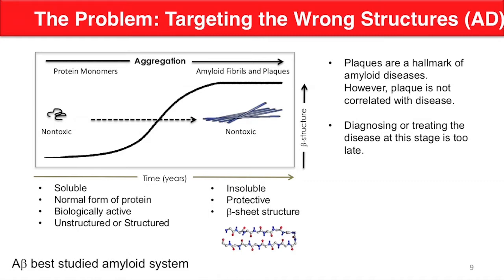So if we look at this graph, we're starting out with an unstructured peptide. It's small, 42 amino acids. And it goes on to form amyloid plaques. Now, the way we measure this in the lab is with a fluorescence assay, and that's what that curve is showing: you start out on some baseline, you're non-toxic, it begins to aggregate.